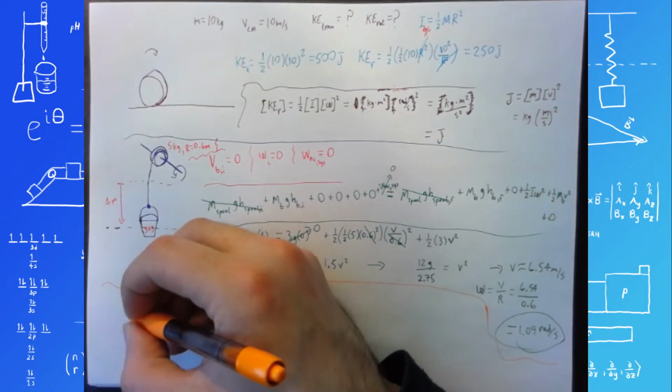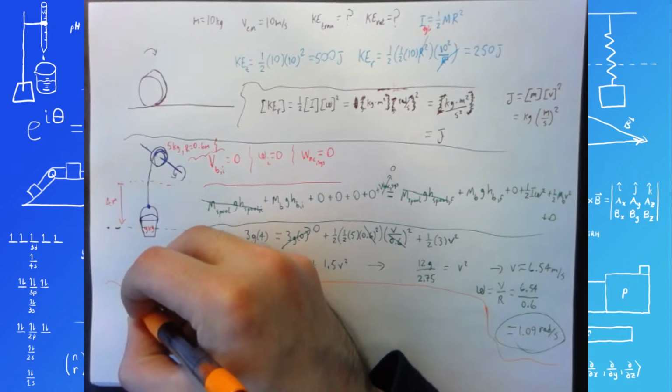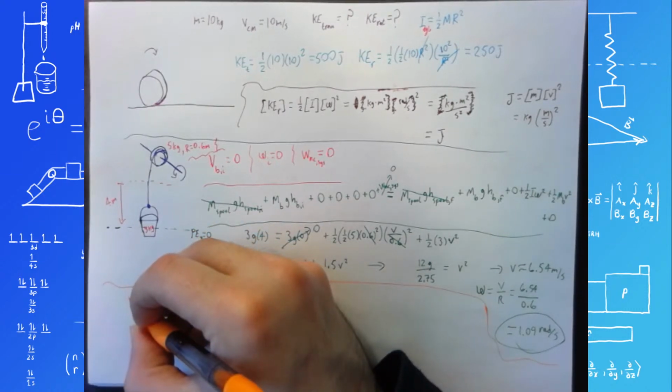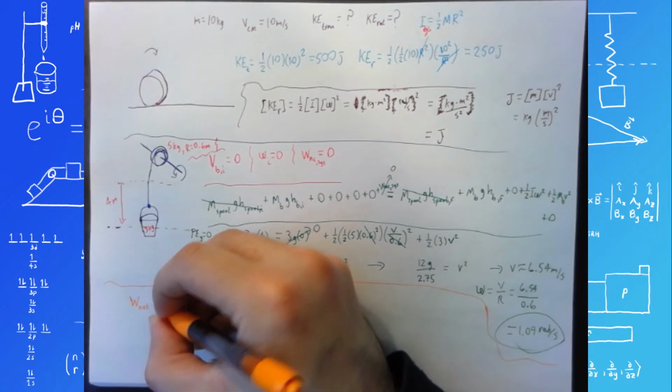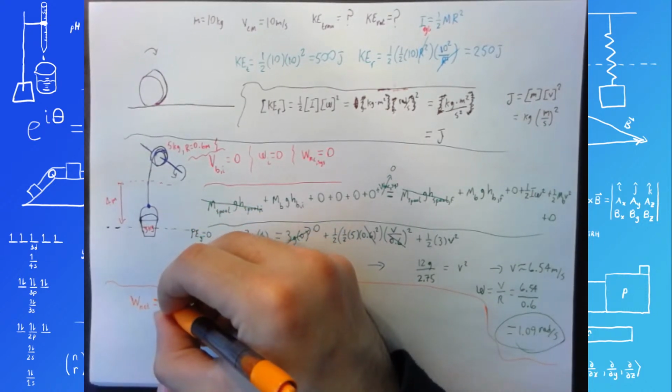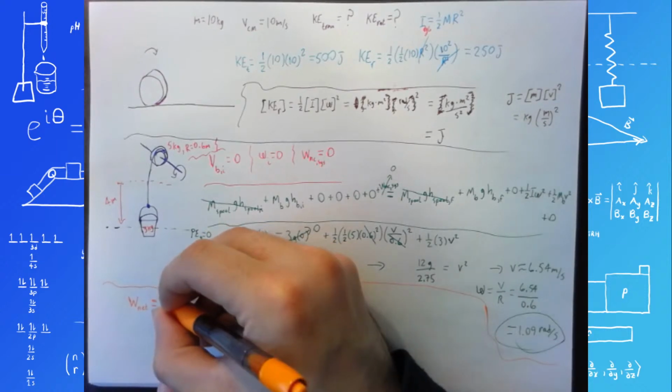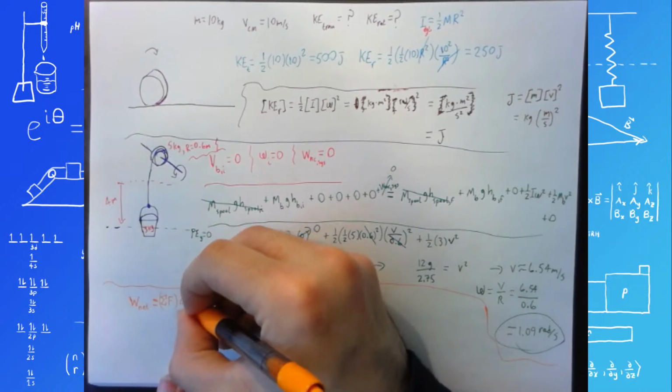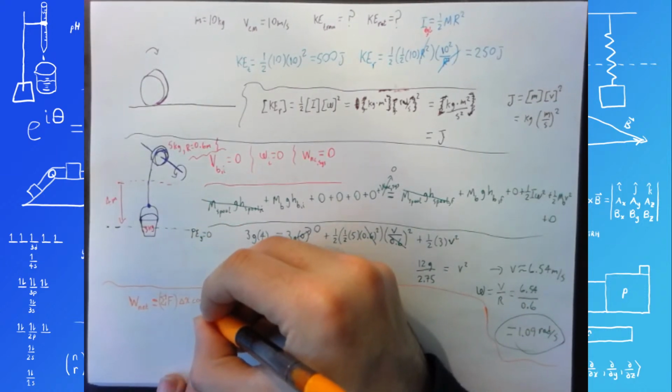So we have net work or total work, however you want to name it. That's equal to the total force times the displacement times the cosine of the angle.